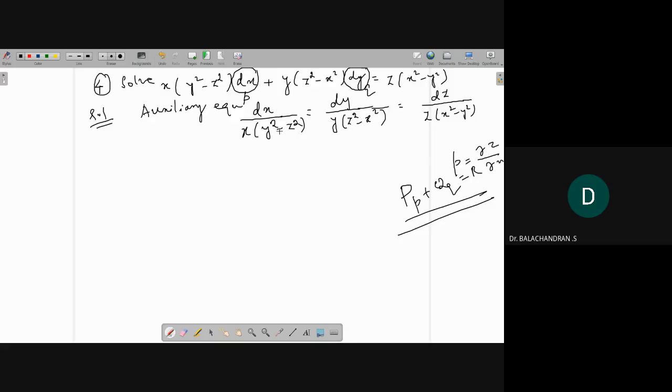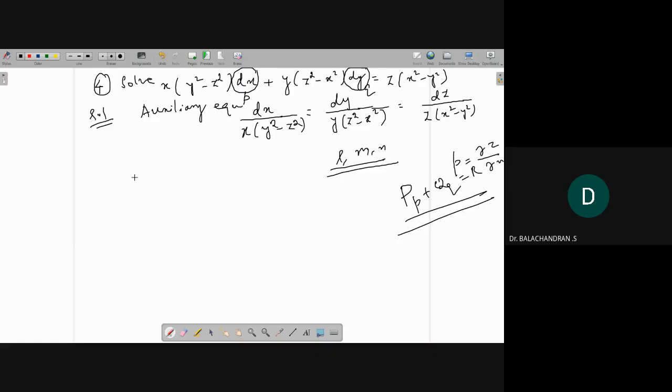Now you should choose the multipliers L, M, N such that the linear combination of the denominators is equal to 0. So I need a multiplier such that you multiply each term and get finally 0.